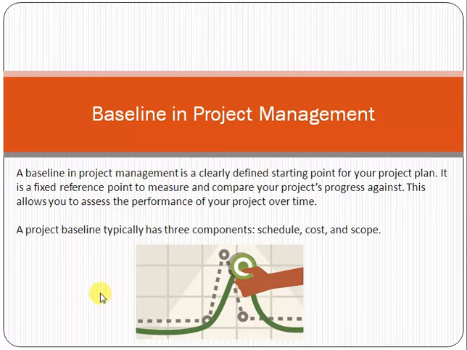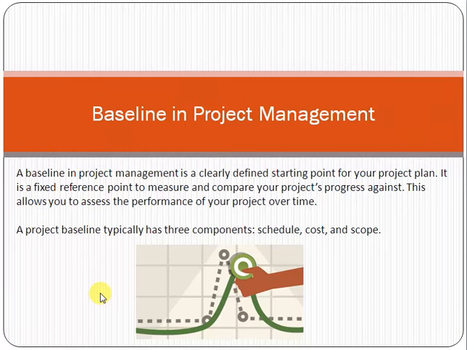Let's understand from another angle, taking the same example. You planned that the project should be completed within 6 months, and in actual the project was completed in 8 months. So the baseline was 6 months and you completed the project in 8 months. That means you are not on track. You have not completed the project on time.